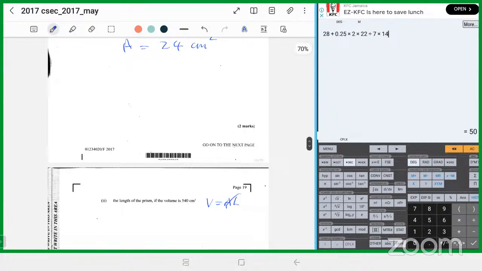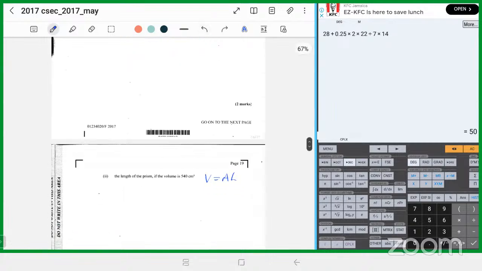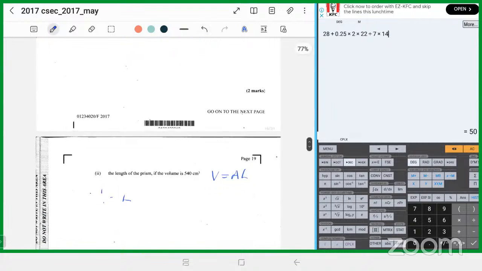So now we want to find the length of the prism and divide by the area. Therefore, the length of the prism is the volume over the end area, or the cross-sectional area.